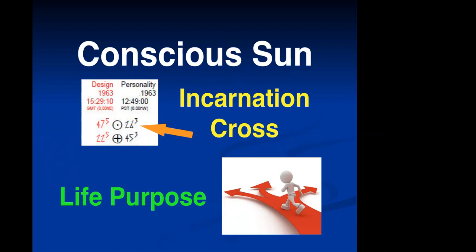And a lot of the people that I do readings for, a significant reason why they are seeking a human design reading is because they want to know, why am I here? What's my purpose? What is my gift? So looking at the conscious sun helps you to be able to understand that.